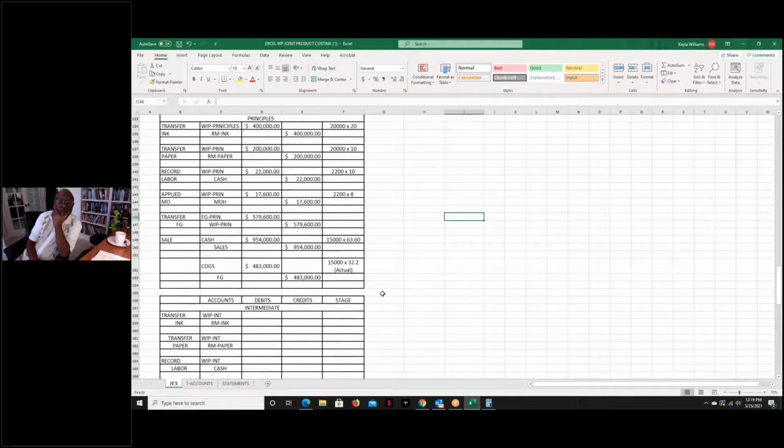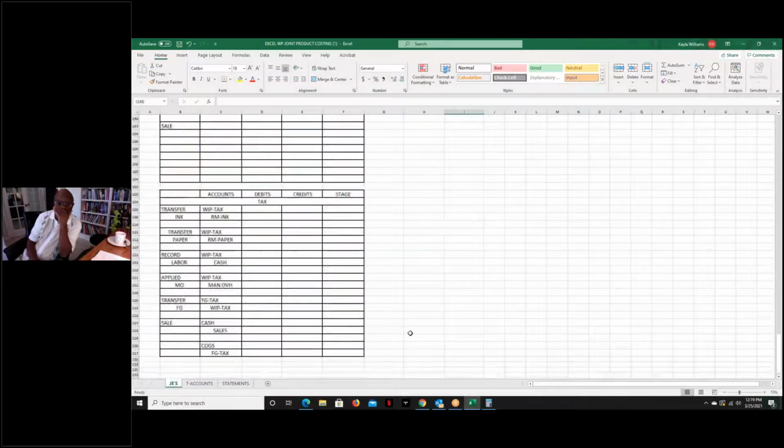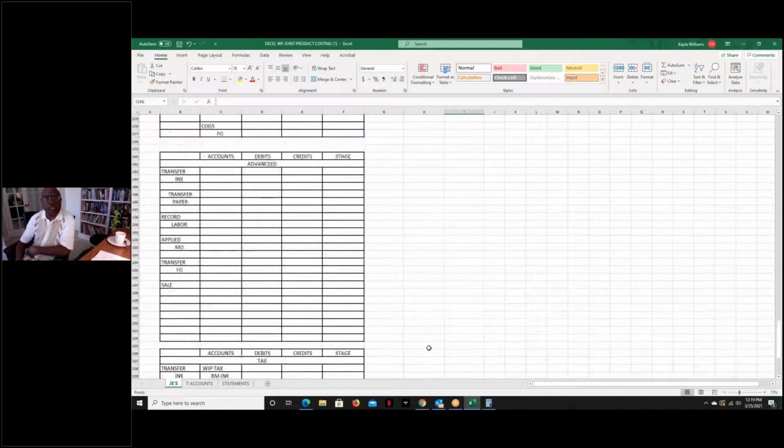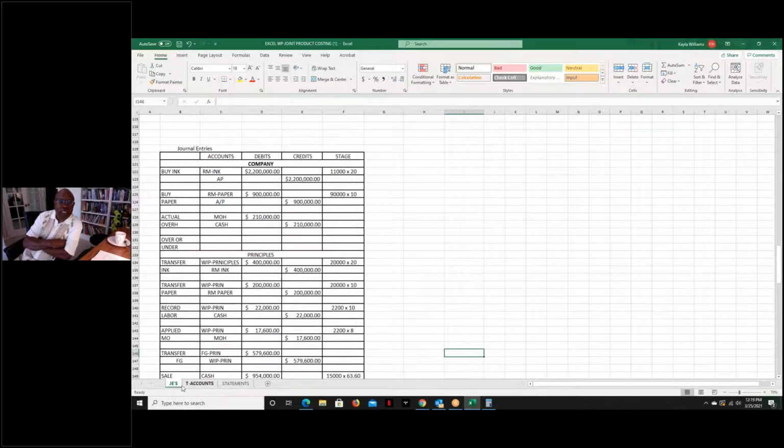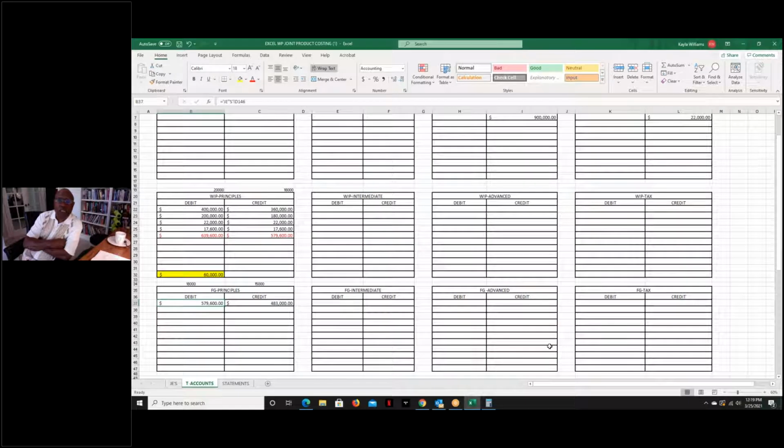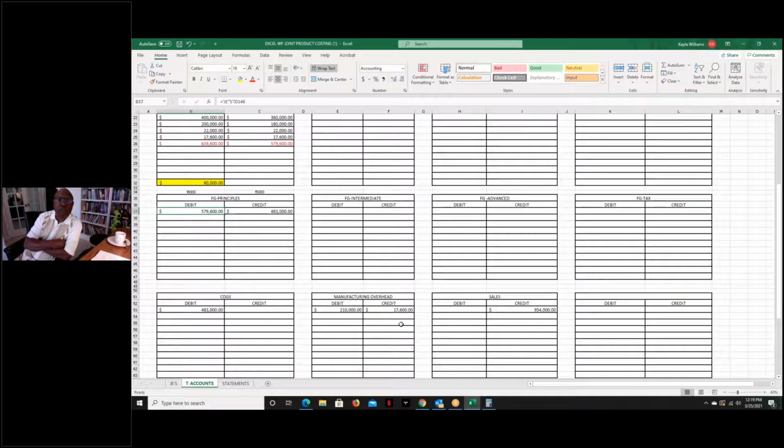Go to the T account for a second. Where's the manufacturing overhead T account? Right here. Okay, you got the credit in there for 17.6. We're where we need to be.